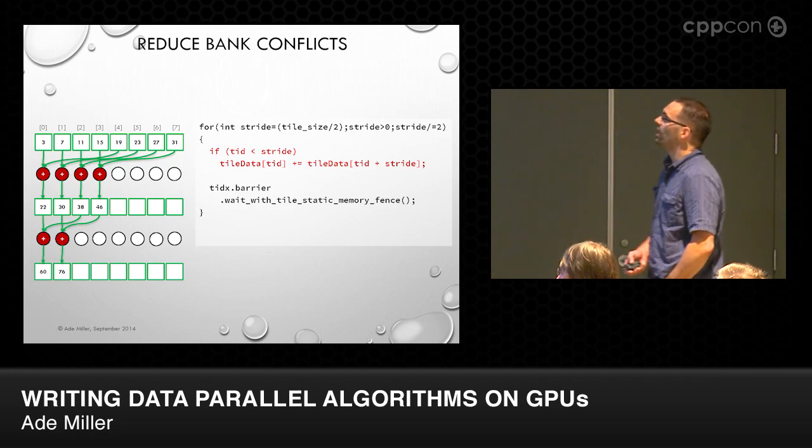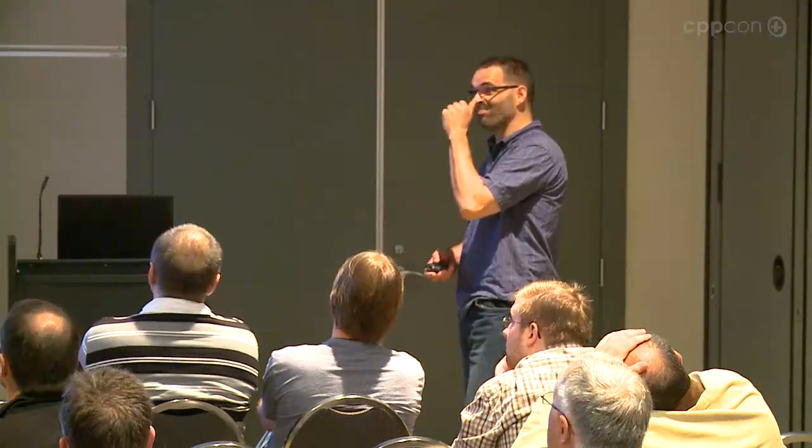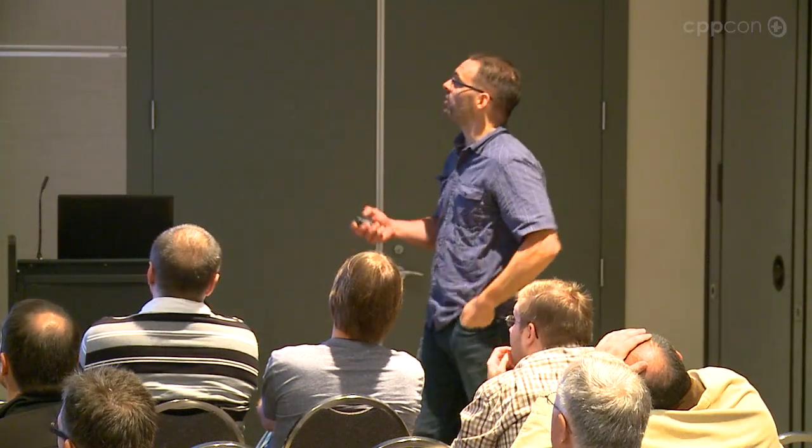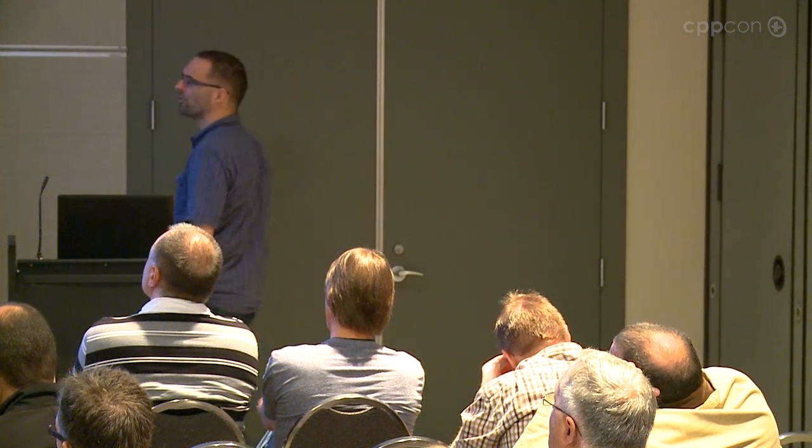So the best way of doing this, in this case, is to move your reads far apart. It's a bit difficult to see here because I couldn't show you a tile with 512 elements on it. But all I've done here is do a little bit of reordering to make those reads further apart, which means that I won't be reading different things from the same bank as much. I'll still be doing it, but not as much.